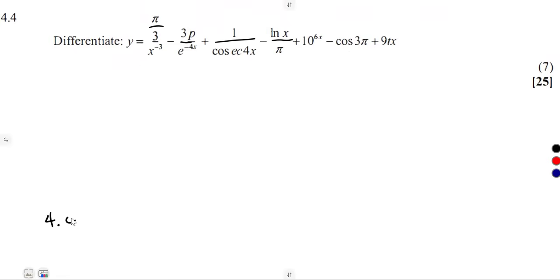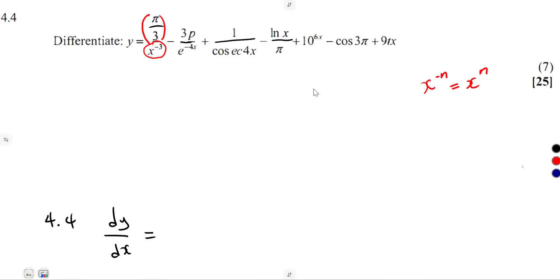I'm just going to write the final answer here. The derivative of y with respect to x is going to be equal to what? The first part there is pi over 3 over x to the exponent of minus 3. Let's take the minus on top. Remember, x to the exponent of negative n is the same as 1 over x to the exponent of n.